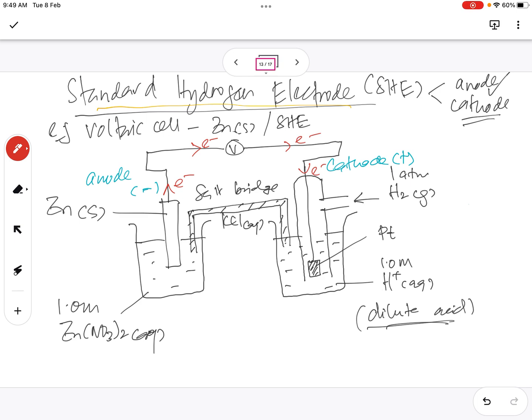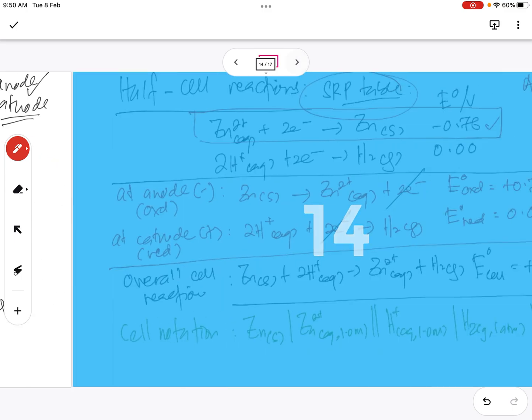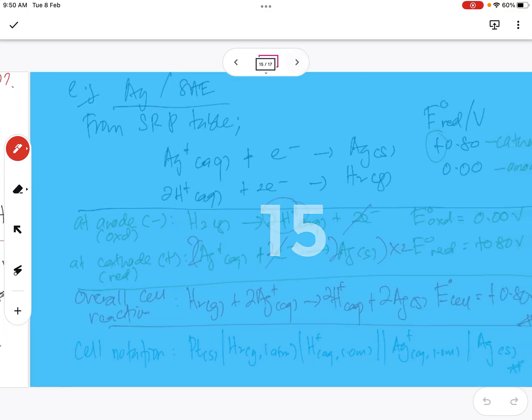Boleh ke, dapat ke flow of electron? Dapat, sir. Dapat flow of electron daripada sini ke sini lah. How about drawing? Any problem with the drawing? Is it clear drawing? In terms of drawing.